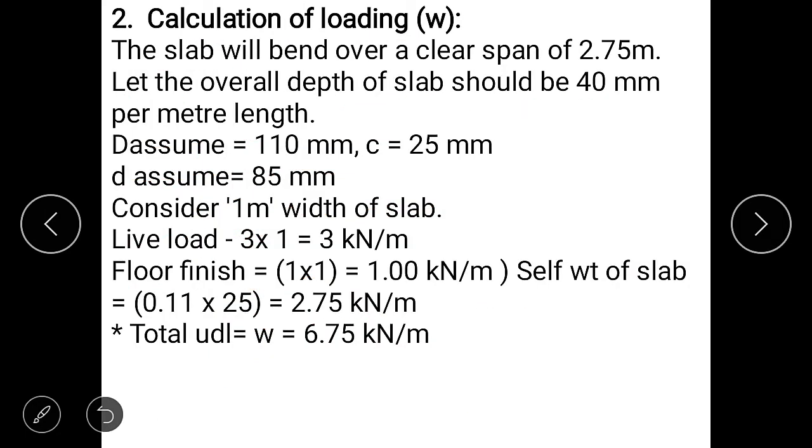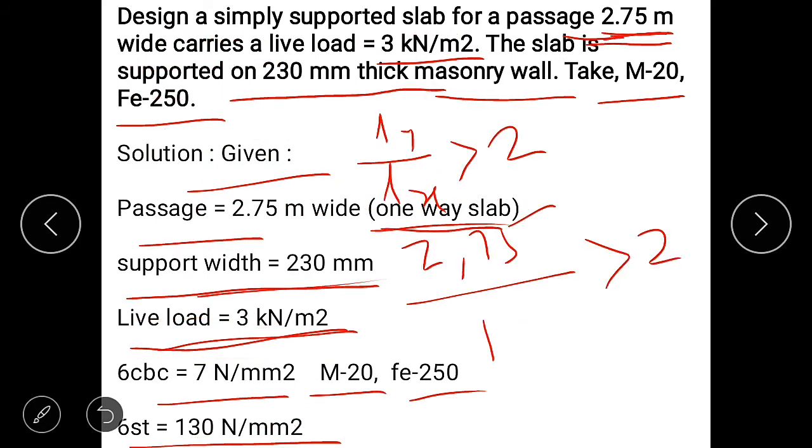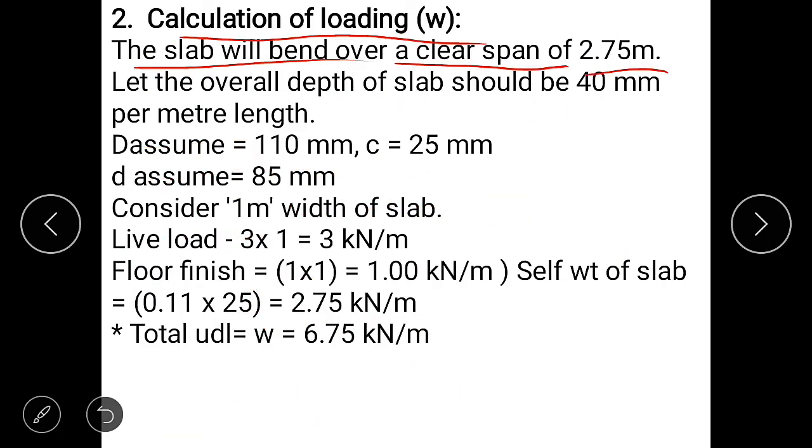Next, in second step, we have to calculate loading W. The slab will bend over a clear span 2.75 meter. In the problem, the width of the passage is given, that is 2.75, so the clear span is 2.75 meter.